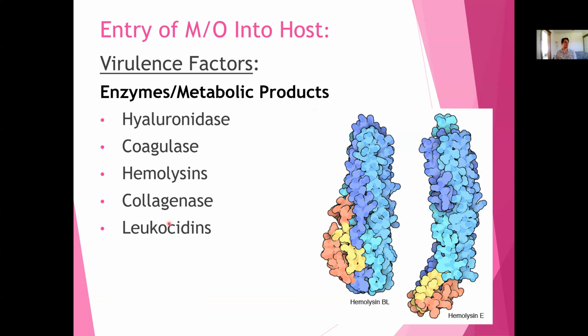You have collagenase, which essentially breaks down collagen. And you have leukocidin, which is a type of cytotoxin created by some types of bacteria. It is essentially a type of pore-forming toxin, and it gets its name, the "cidin" part, from killing leukocytes, which are white blood cells.